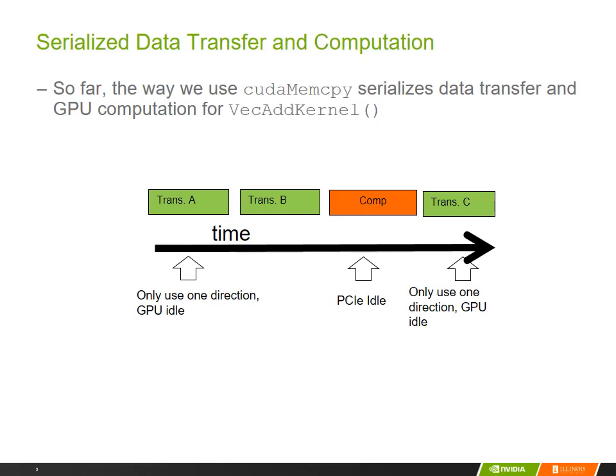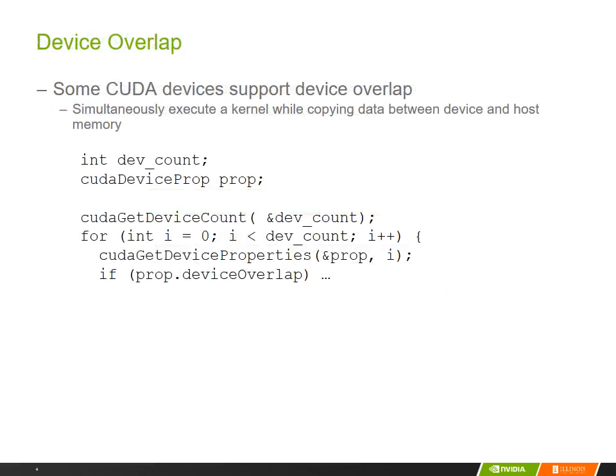Remember, for PCIe, the bandwidth is actually in both directions. So when we only use one of the directions, we underutilize the bandwidth of the PCIe interconnect. Some of the CUDA devices can support device overlap, and this allows the device to simultaneously execute a kernel while copying data between the device and the host memory.